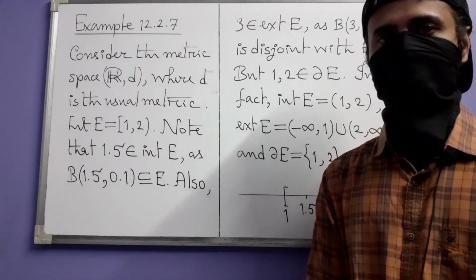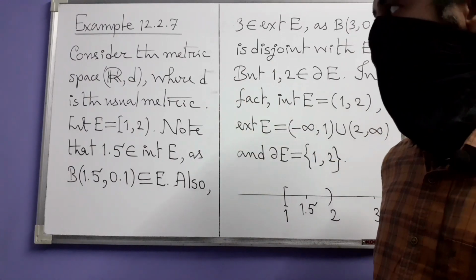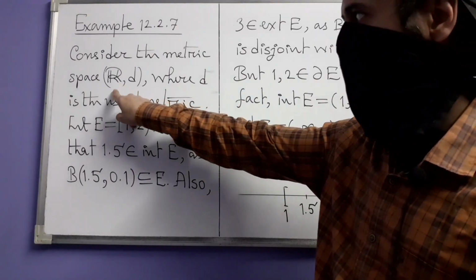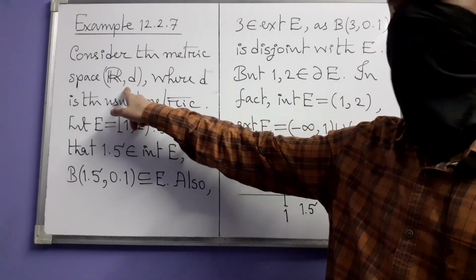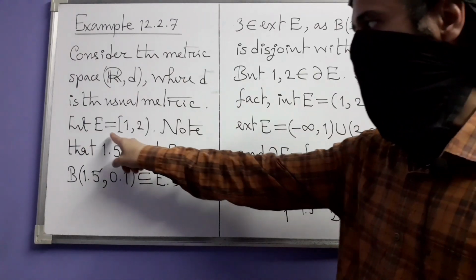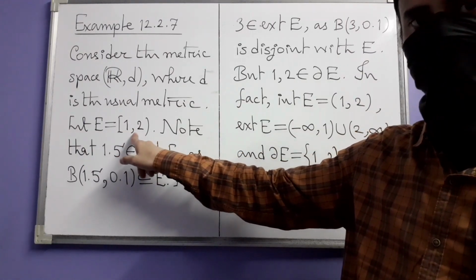To illustrate these notions, we next have this example 12(2)(7), in which we consider our usual metric space of real numbers, and d is the usual standard metric. And our E is, say, this half open interval closed 1, open 2.